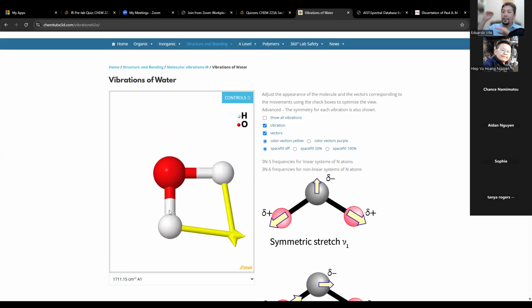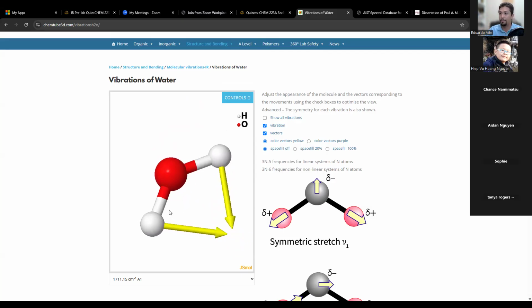So then when a photon of that amount of energy hits a water molecule, the water molecule moves just like this. And since it gets absorbed, the percent transmittance goes down. That's why you see a peak in the IR spectrum. So those peaks are specifically the peaks of the vibrations. Make sense?